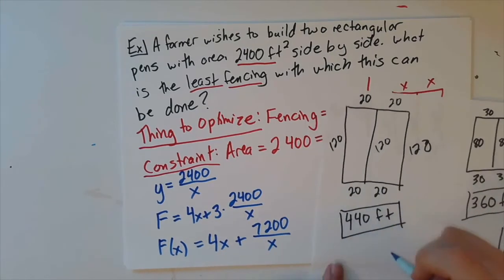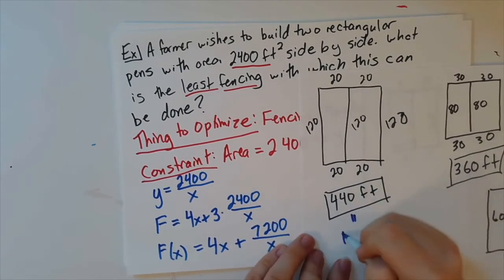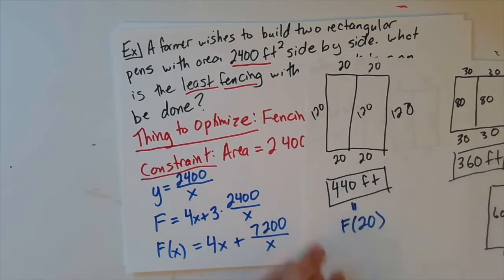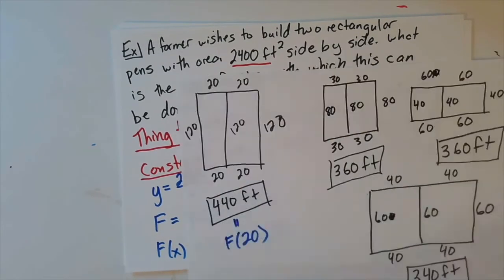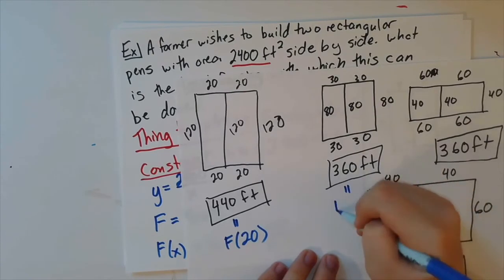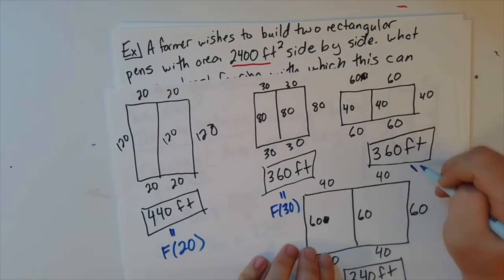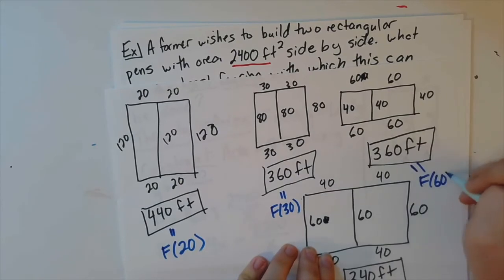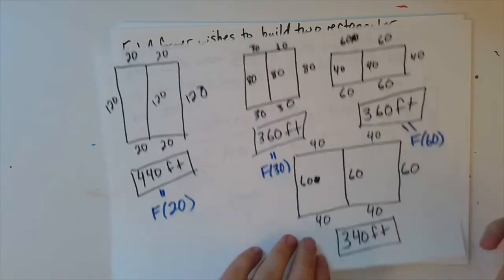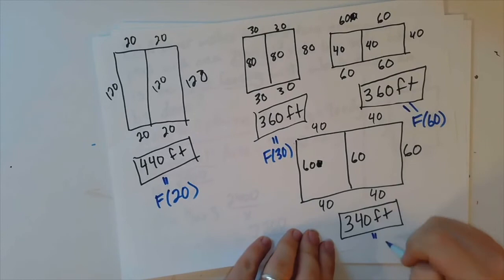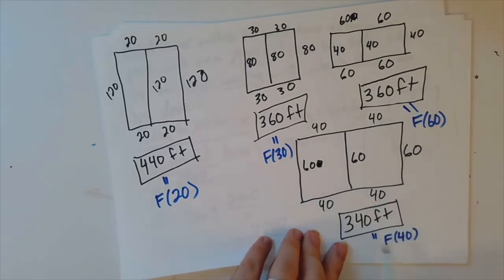So this 440, that is f of 20. Likewise, this 360, that is f of 30, and this is f of 60, and so on. So this f, this is the thing whose value we want to minimize.